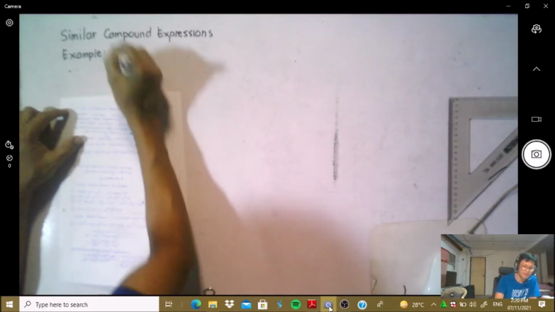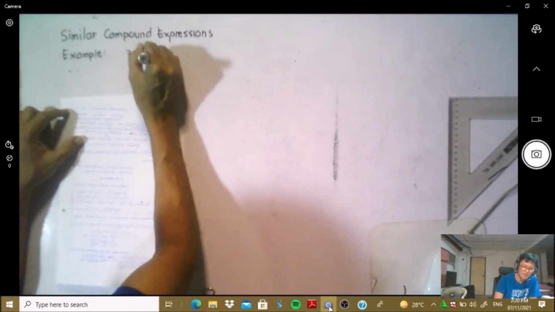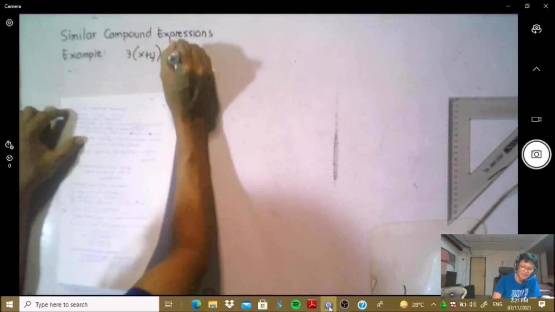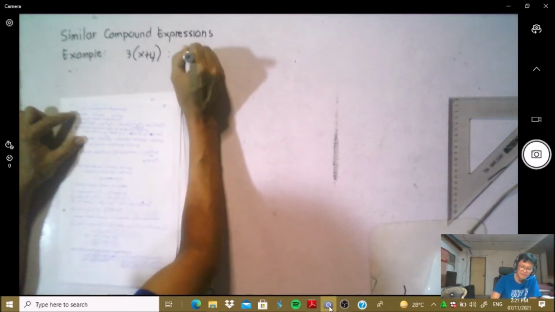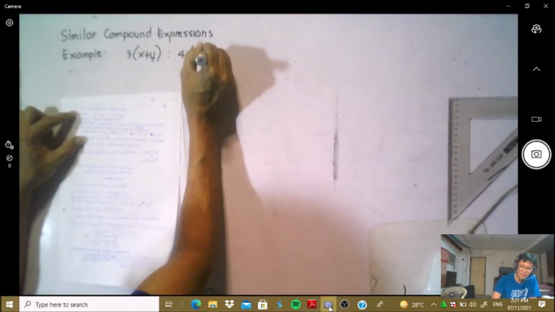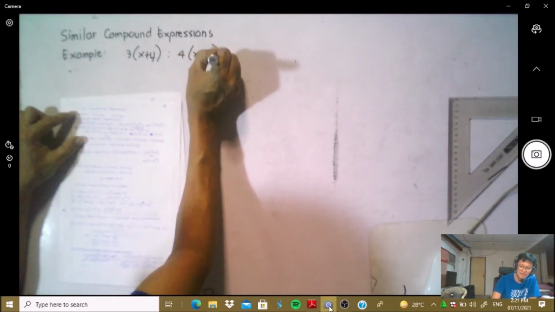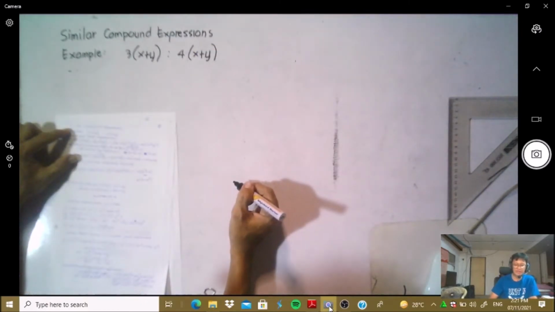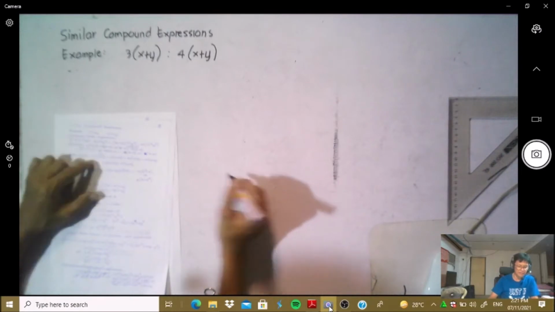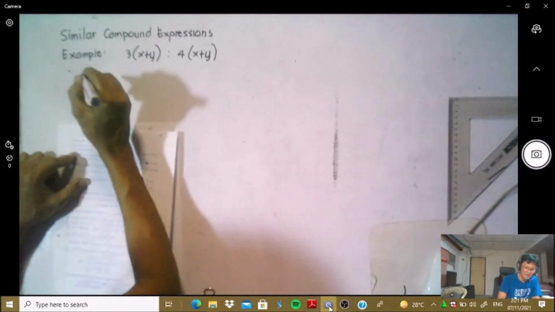As an example, we have 3 times the quantity x plus y, and 4 times x plus y. You will see that the terms included in the parentheses are x and y, so they are similar. So let's try combining these expressions.